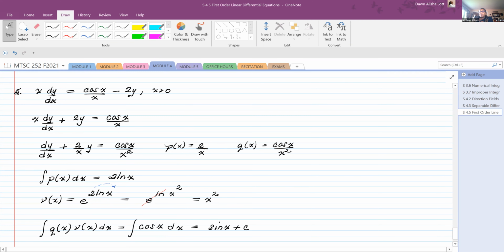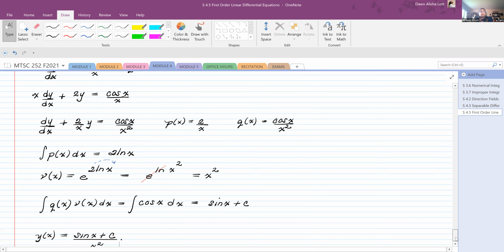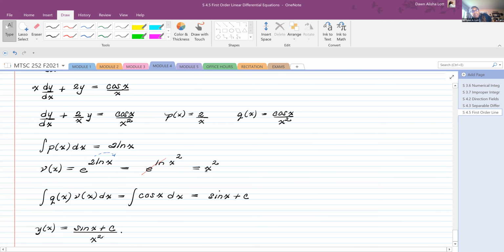You integrated p of x, and you got e to the log of x squared, and that just gives you x squared. And then you multiplied q of x by nu of x, and you just got cosine. You integrated cosine, you got sine. So now we know the integral of q nu. We put that here, we add plus c, we divide by nu, and we are done.